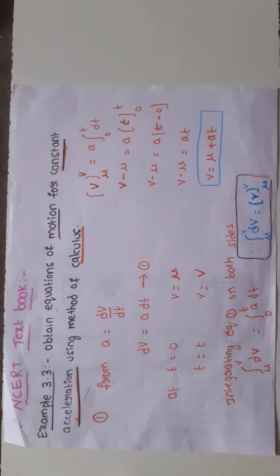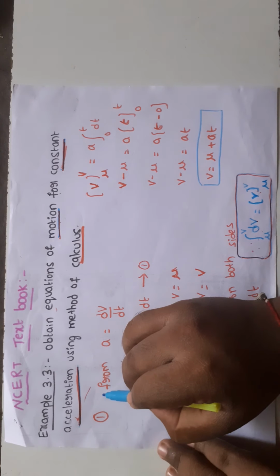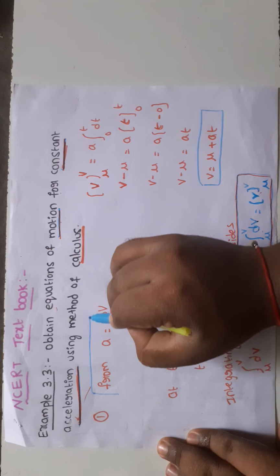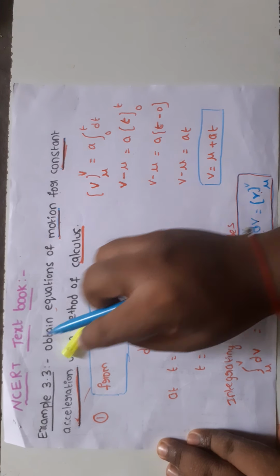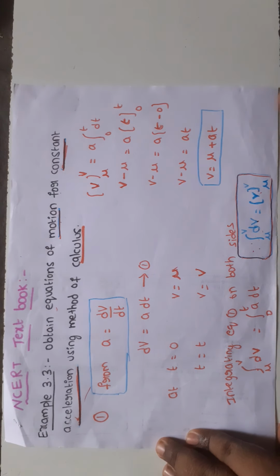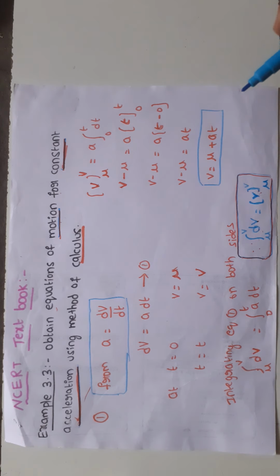for group B students. Group B means bio students, BPC students. So this is the first key point. If you know the acceleration formula, we can easily do the derivation.